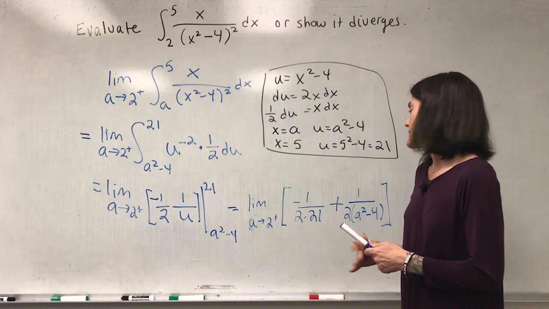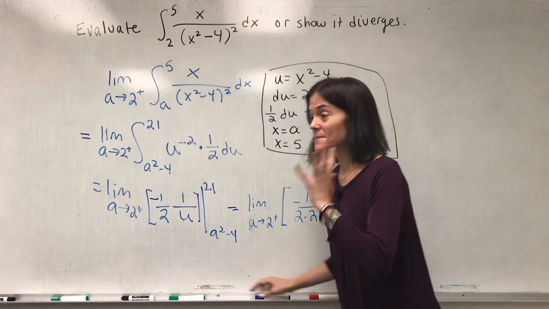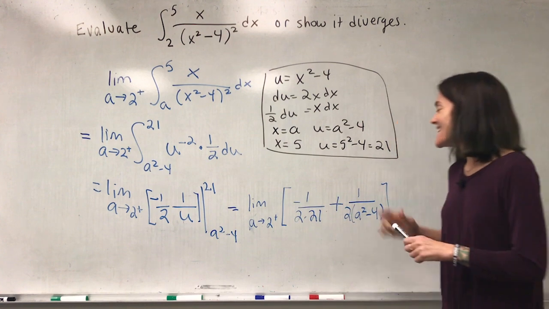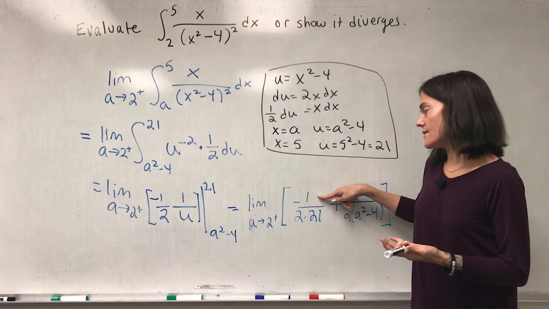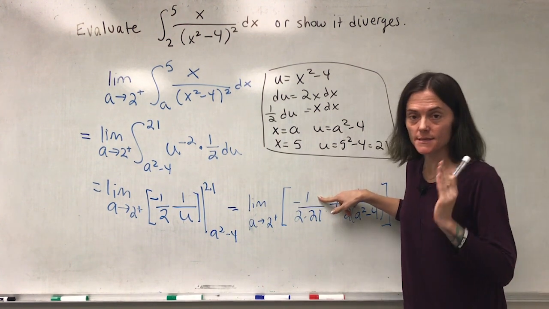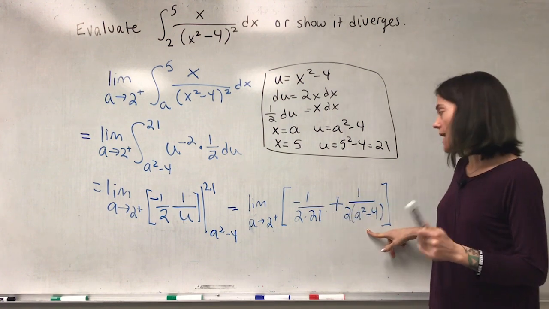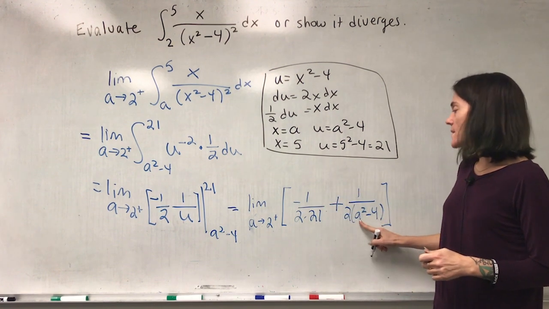Then we take a limit as a goes to 2. Here comes the limit. Okay, wonderful. This is negative 1 over 42. This is a number. There is no a. Here's the a. Okay. What's happening?